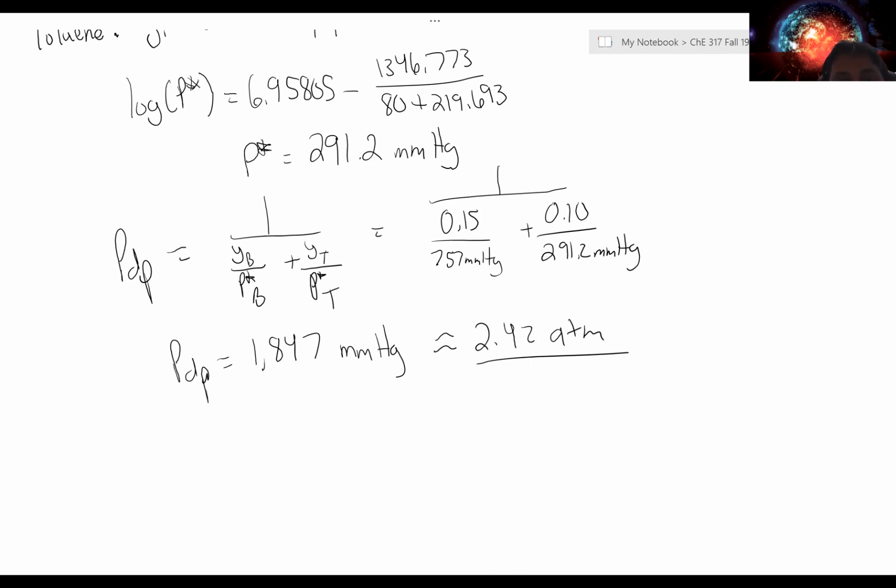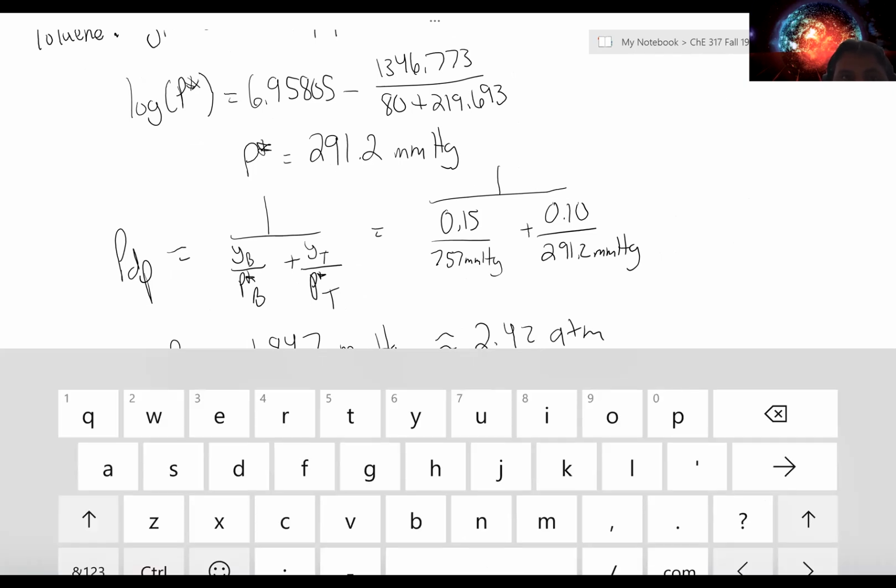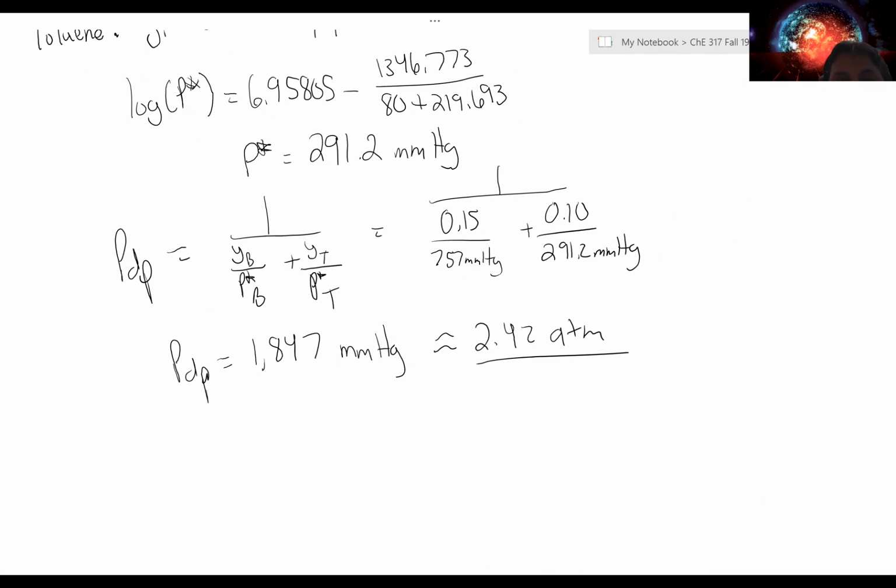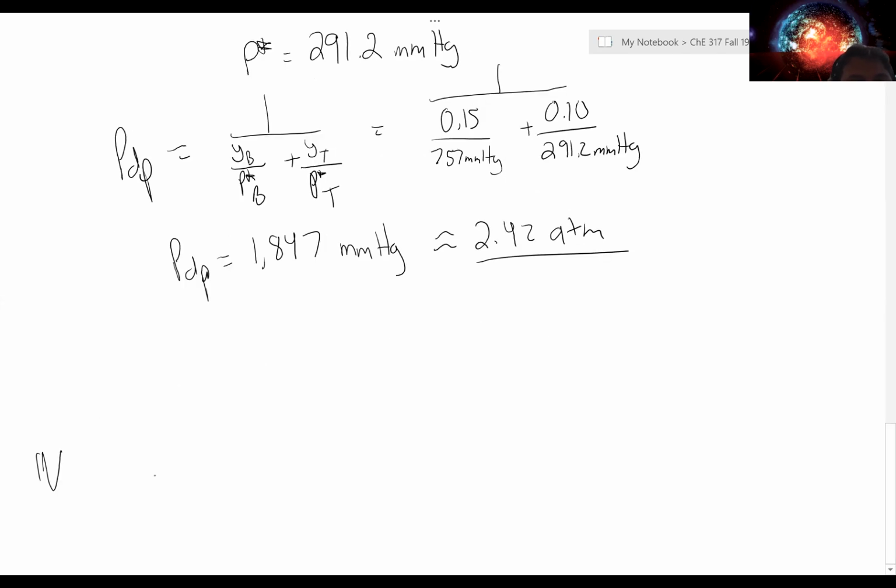But, you know, let me see if I can find the Antoine constants for nitrogen. I'm sure NIST has it. NIST is a good resource. So yeah, these coefficients are probably not even for the right temperature range, but we can look at nitrogen just to kind of see what it would tell us.